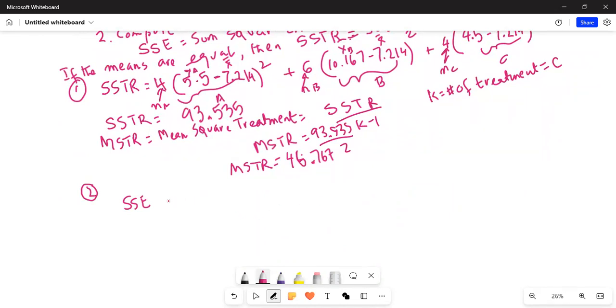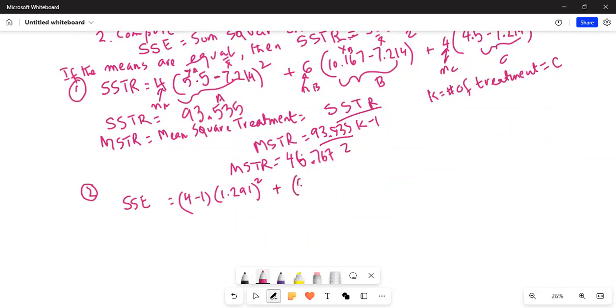So first one, sample size is 4, 4 minus 1. The sample standard deviation is 1.291, and you are squaring it because you're doing the variance calculation.